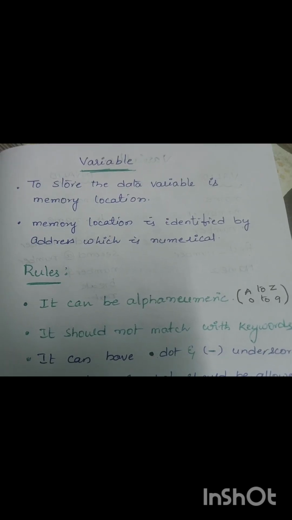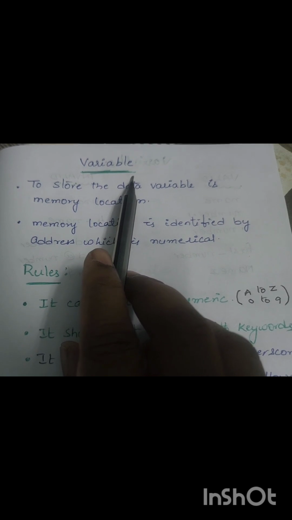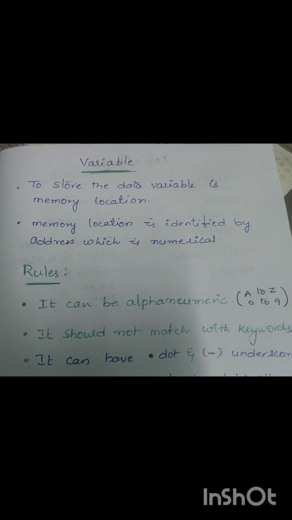Hi friends, in our introduction to R programming, the topic is variables. In every programming language we definitely use a variable, right? To store the data, a variable is needed as a memory location.